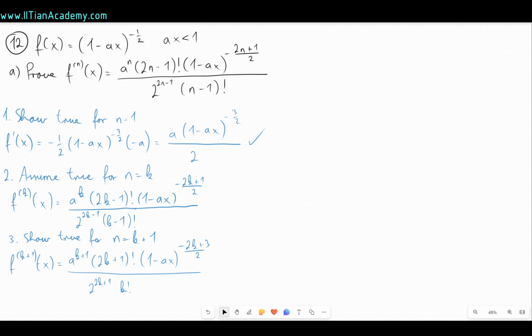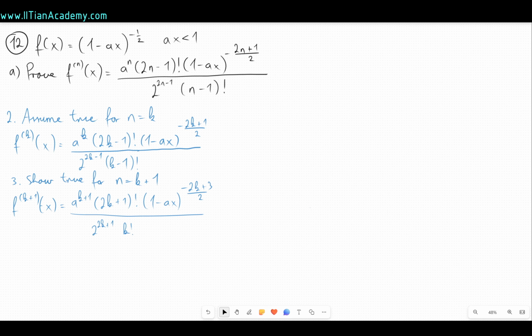So I think what I will do is make a little bit more space, delete the first step, and copy all of this a little bit up, like this. And then we can write down what we need to do.